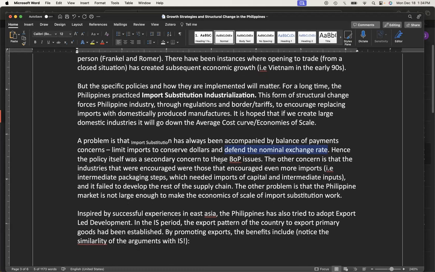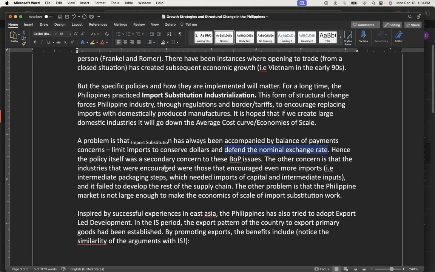So you could do import substitution to limit imports, to defend the nominal exchange rate, which will allow you to import at a good price what you cannot basically produce domestically, despite import substitution. Hence, the policy itself of import substitution industrialization was at times a secondary concern to these BOP issues.